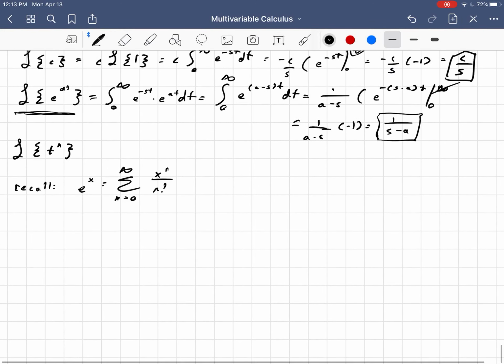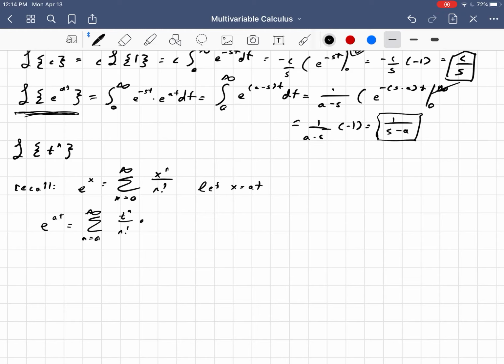That's the Taylor series for e to the x. Since this is true for all values of x, I'm going to let x be equal to at. So e to the at is the sum from n equals 0 to infinity of t to the n over n factorial times a to the n.